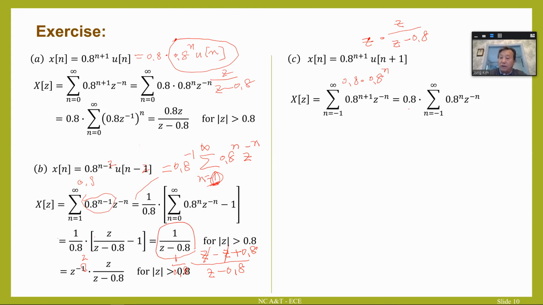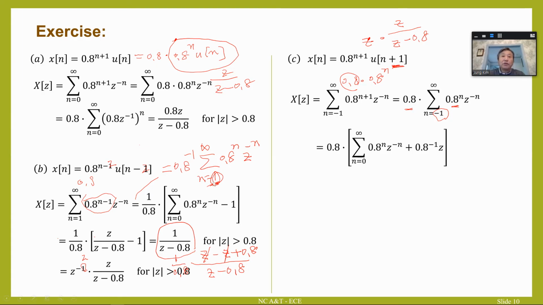Also, because the non-zero value region is starting from minus 1, you can change it to plus 1. So for plus 1, you can use this formula here.